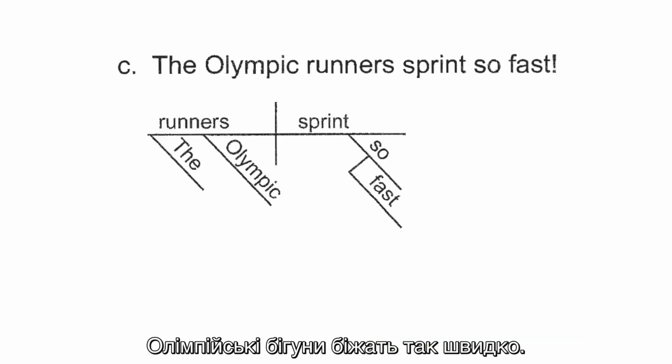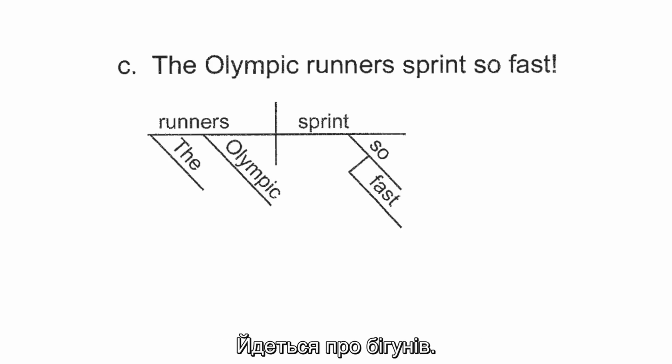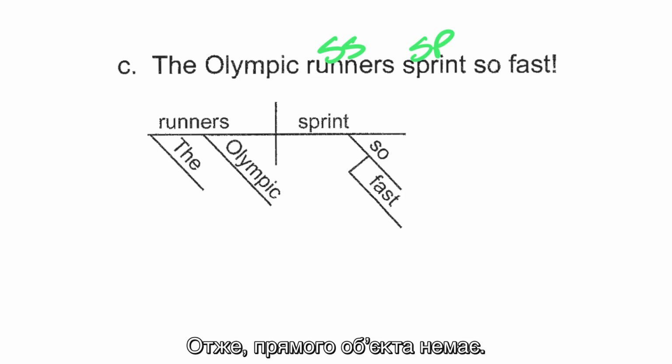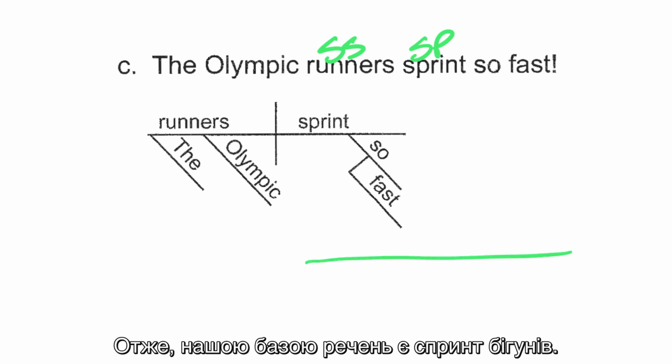The Olympic runners sprint so fast. Who or what is this about? It's about runners. What do they do? They sprint. What do they sprint? We don't know, so there's not a direct object. So our sentence base is runners sprint.